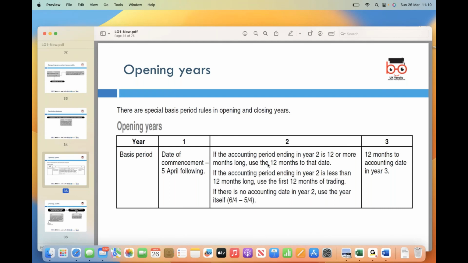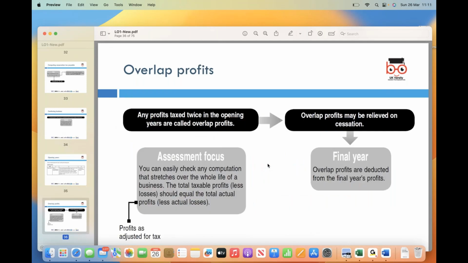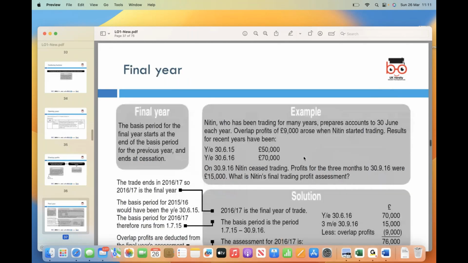So there are special basis period rules on opening and closing years. The basis period for a tax year typically starts on the 6th of April and ends on the following 5th of April, as you know.